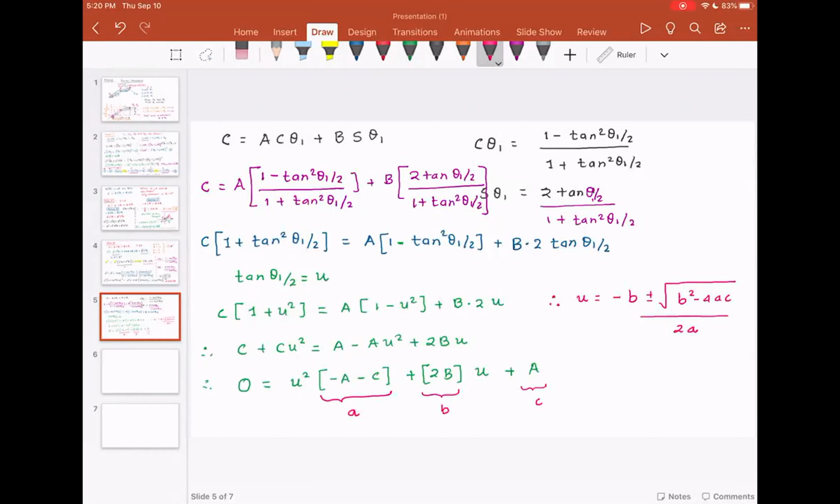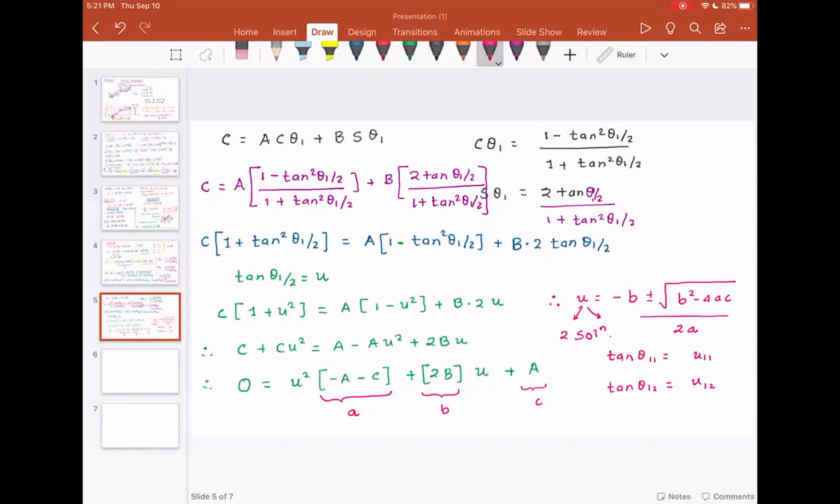And what it means is you are going to have two solutions. You will have U11 and U12, so tan theta 1 by 2 equals U11 and U12, giving theta 11 and theta 12. You will have two roots, two solutions. So remember these tricks. These tricks are super duper handy when we are trying to solve a complex problem.